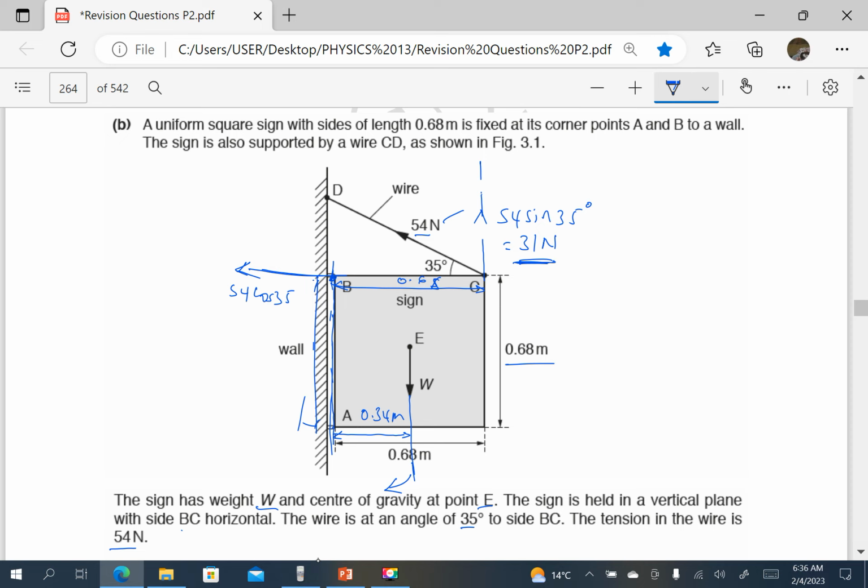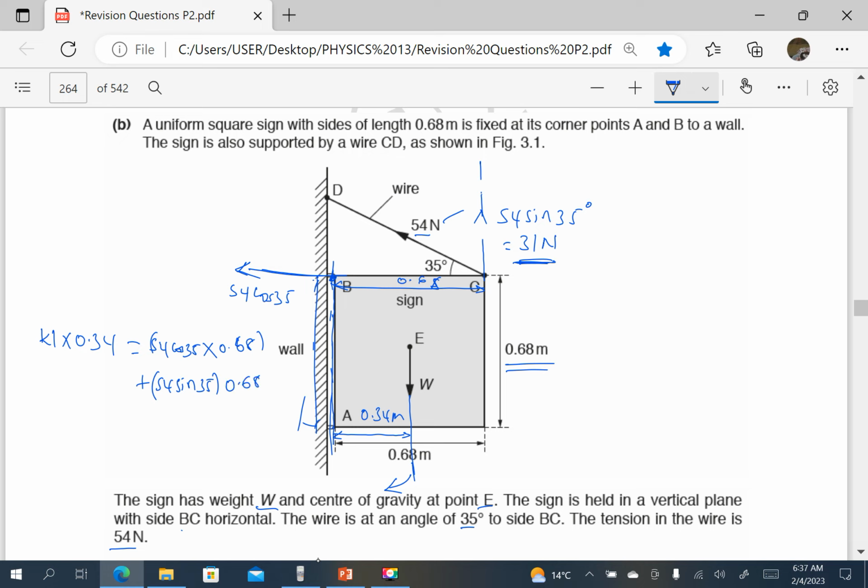So we have that the weight, W, times its perpendicular distance, which is 0.34, that is clockwise, should be equal to the horizontal component of the 54, which is 54 cos 35, times its perpendicular distance, which is 0.68 from point A, plus the vertical component, which is 54 sin 35, times its perpendicular distance from A, which is still in the horizontal, that is 0.68.